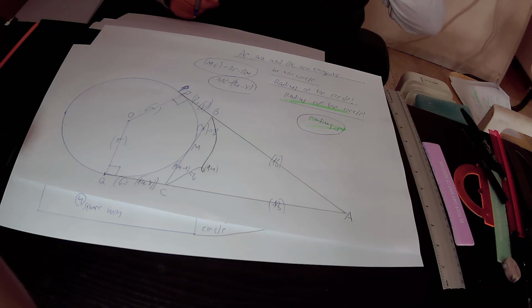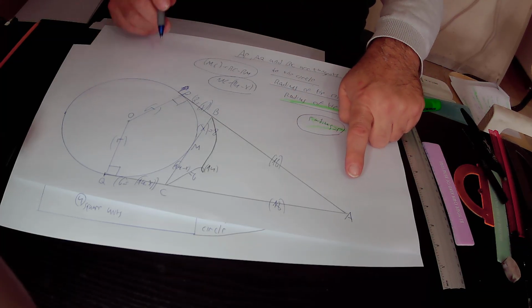In the next step, we will join points A and O together by a straight line.